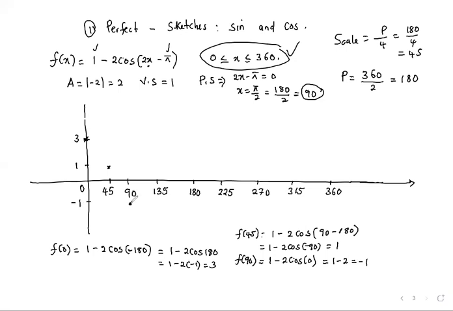So we get 3 different values. So that is enough. We'll just start repeating now. Next. That will be like this.